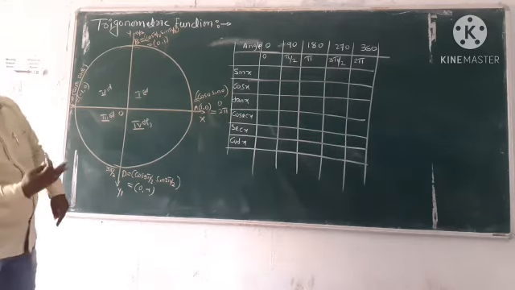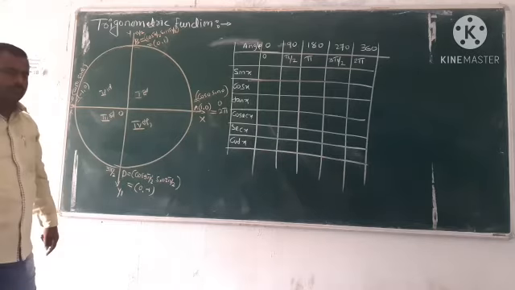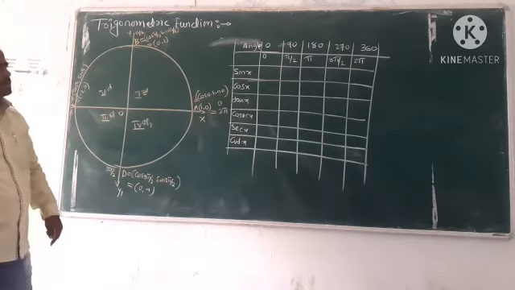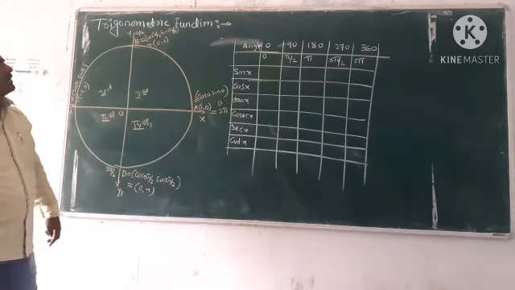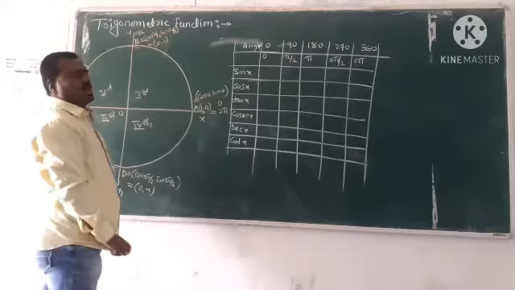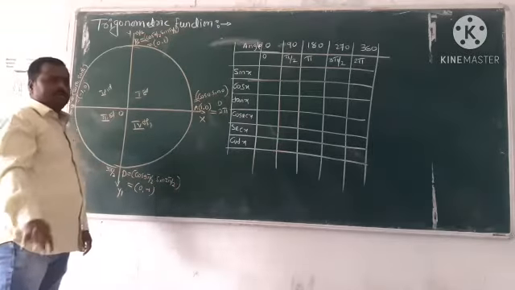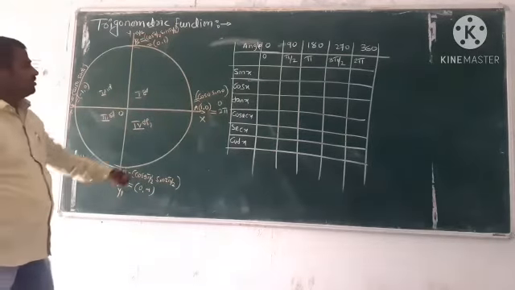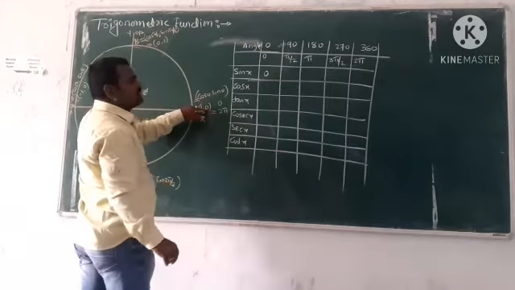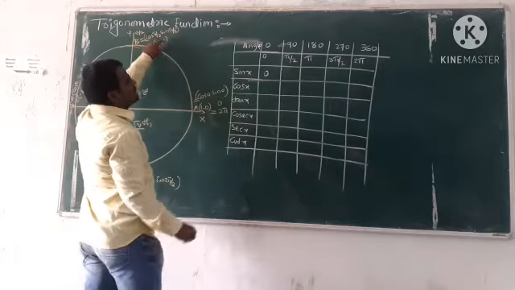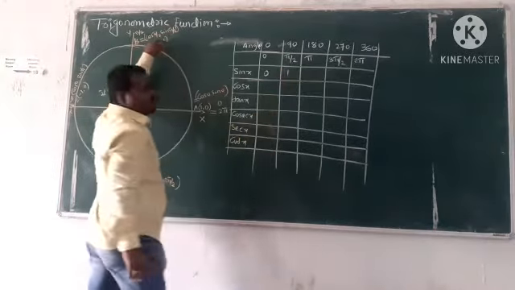For sin x, next I'm going to write all the quadrants: first, second, third and fourth. Only four quadrants are there. Now, please try to understand. Sin 0 is 0. Sin pi by 2 is 1.